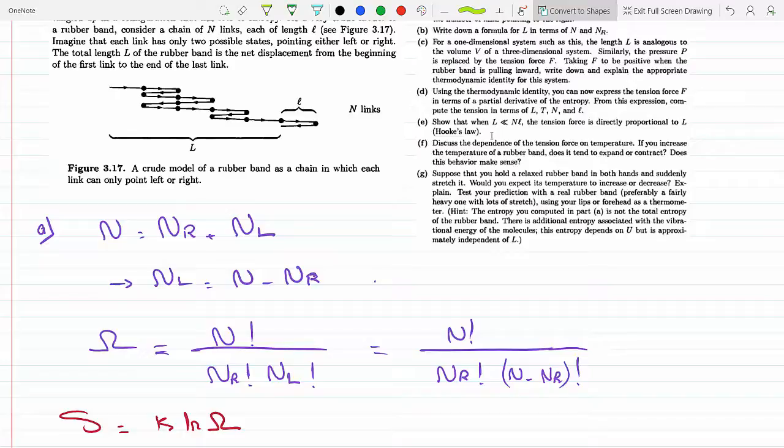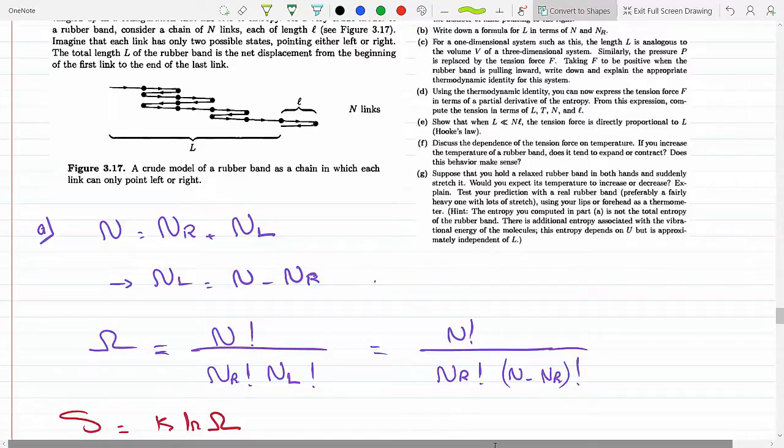In other words, the total L summing up all the links is a lot larger than the actual length of the rubber band, as taken to be the absolute value as we calculated it in part A. We need to show that the tension force is directly proportional to L, which is Hooke's law.